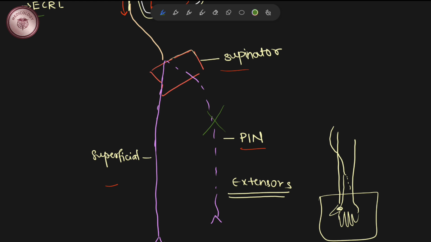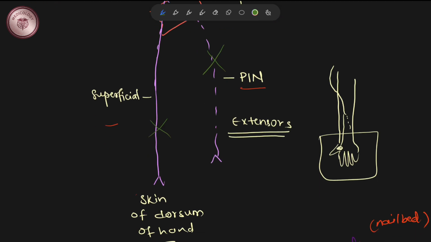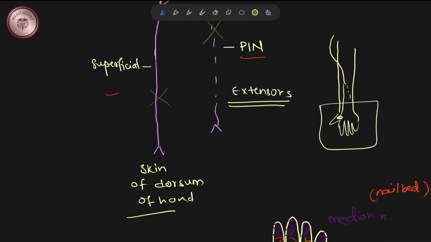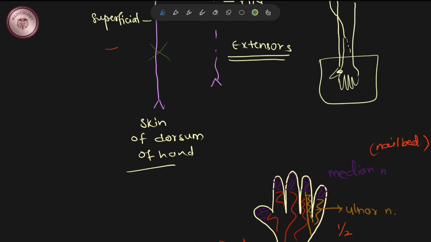There will be finger drop. All the extensors, like extensor digiti minimi, extensor indicis, extensor digitorum, are affected. So there will be loss of extension of the fingers, so flexion of the fingers, or we can say finger drop. What about the superficial branch? Yes, superficial sensory loss is also found.